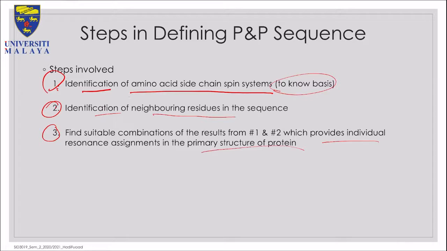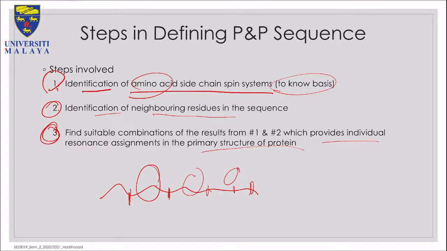So what you'll do first is you identify, say this is the length of the peptide or protein, one of the amino acids within the protein. Then number 2, you identify what are the adjacent ones. And number 3, you use the information to keep on identifying adjacent residues, to walk through the backbone to actually identify the peptide or protein sequence. So it's actually a very unique way of identifying protein and peptides.